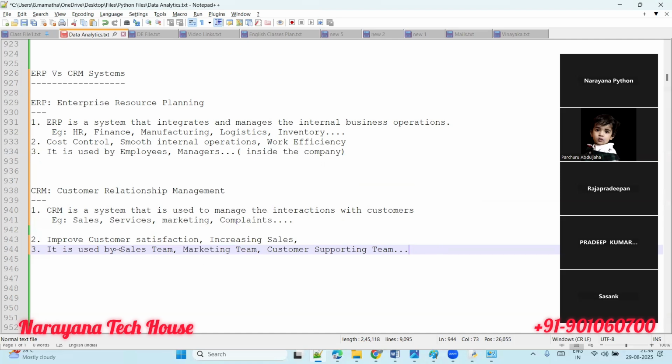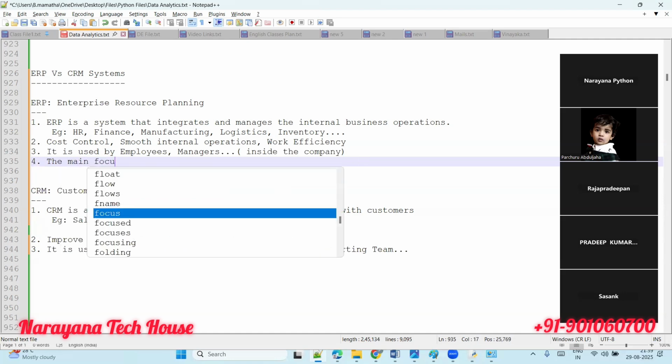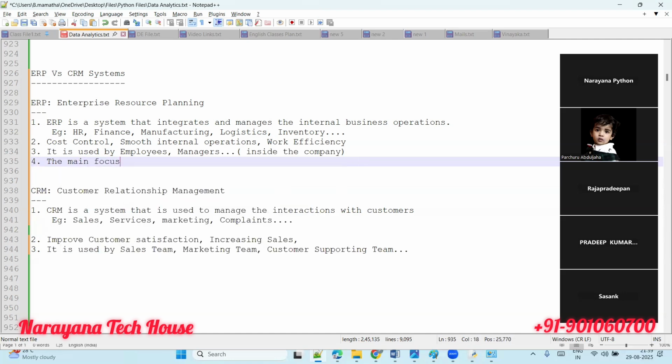So if you observe now, the employees in all these teams are always busy outside the company, and these other people are always busy inside the company, guys. And the last point is the main focus of these systems.